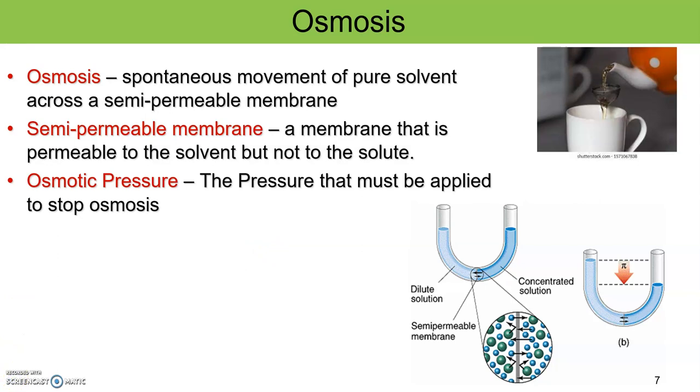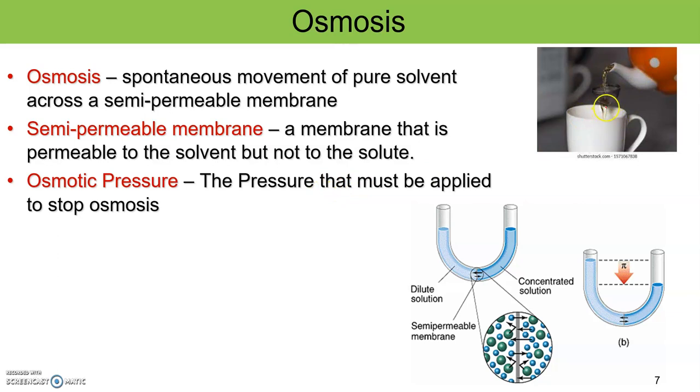So next, it's about osmosis. Osmosis is the passage of a pure solvent into a solution separated from it by a semi-permeable membrane. So osmosis is a spontaneous movement of a pure solvent across a semi-permeable membrane. If we look at it, it's like a pot of tea, a cup, and a sieve.